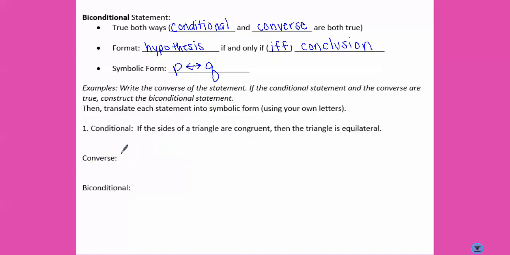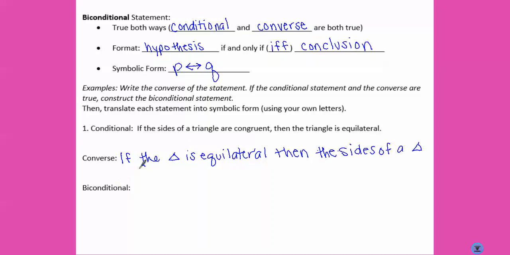If we write the converse of this, we would say if the triangle, and I'm just going to use the symbol triangle, is equilateral, then the sides of a triangle are congruent, which means they are all the same length, which is also what equilateral means. So since both of these are true, we can write it as a biconditional.